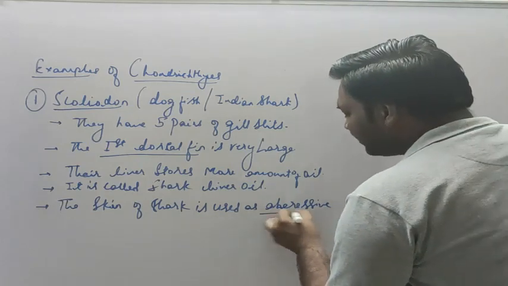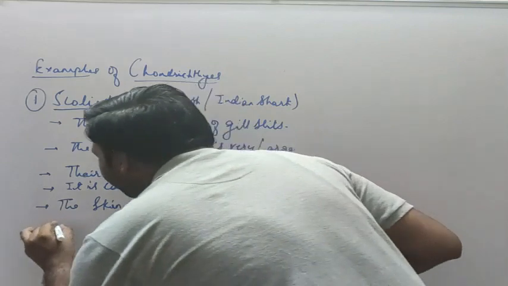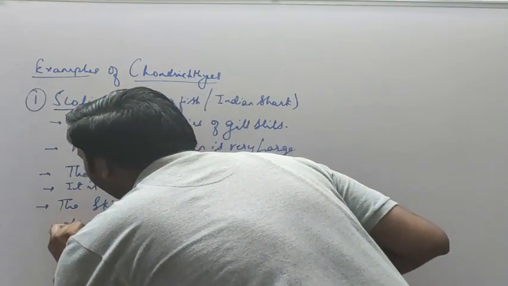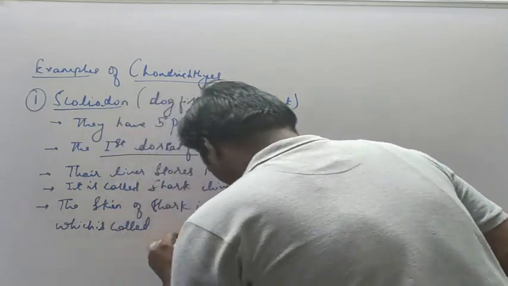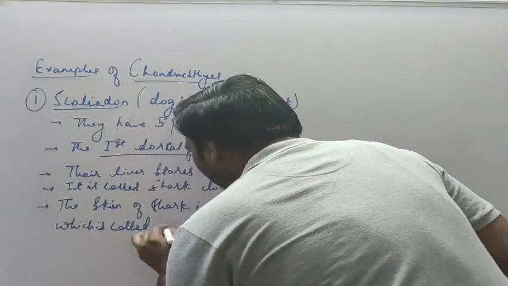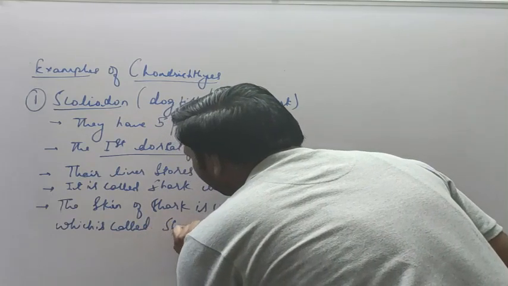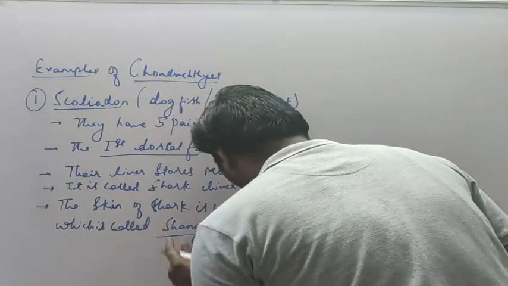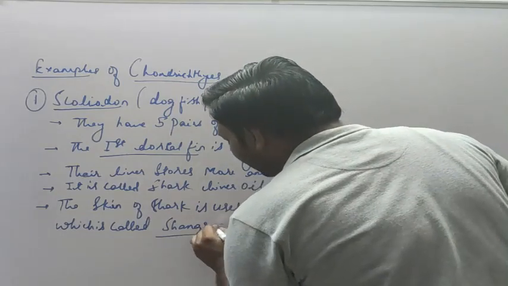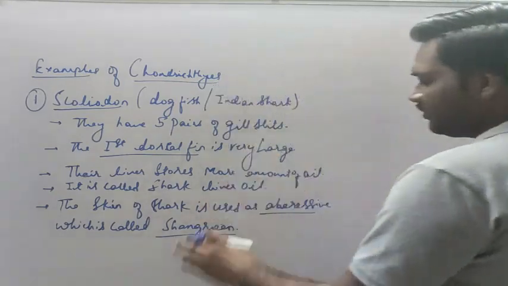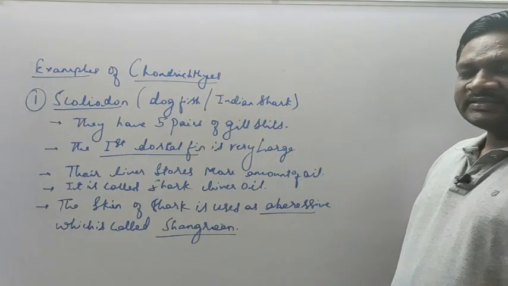And that abrasive is called, oh sorry, shagreen actually, not shagron, which is called shagreen. So they have the abrasives on the skin surface.